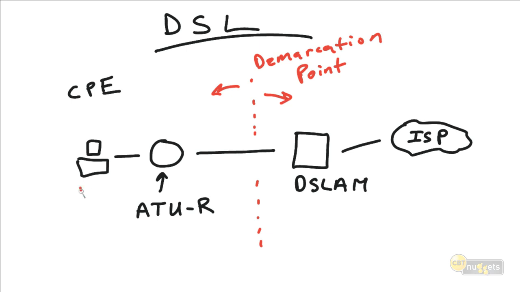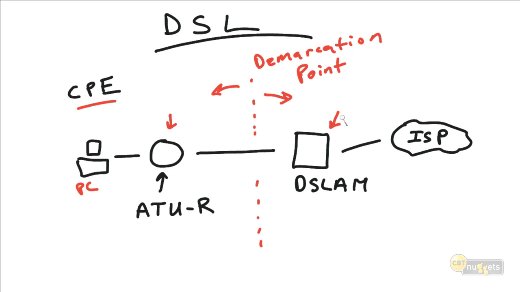So here we can see a PC. It's certainly customer premise equipment, and it attaches to a DSL modem. The fancy word for a DSL modem is an ADSL transmission unit remote, or ATUR type device. This ends up connecting to something that's on the service provider side of things, and it's called a DSLAM.